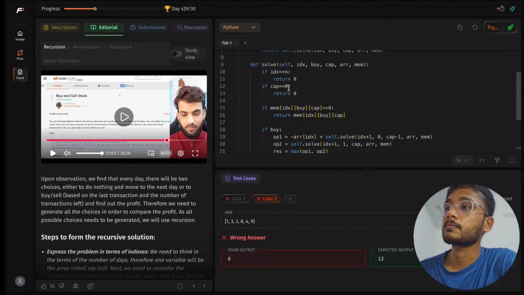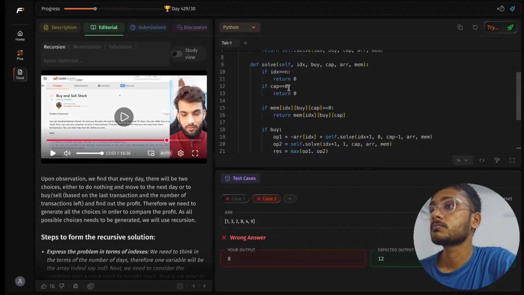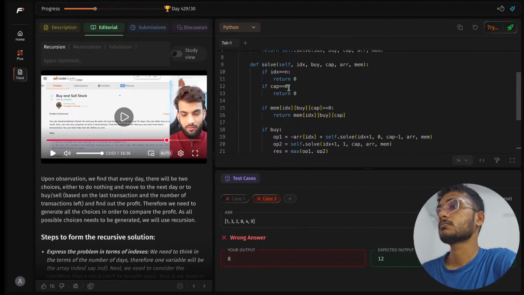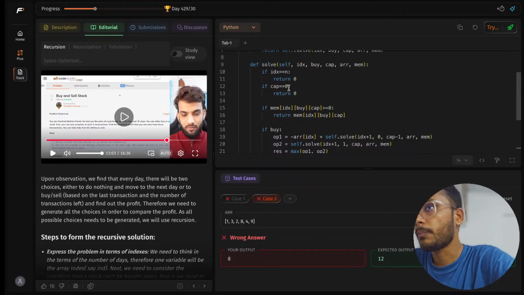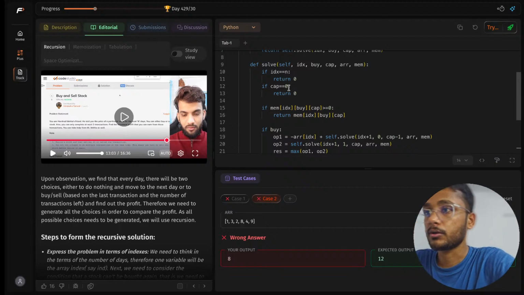Let me think. At starting, when you are buying for the first time, capacity will be 2. When you are buying for the second time, capacity will be 1.